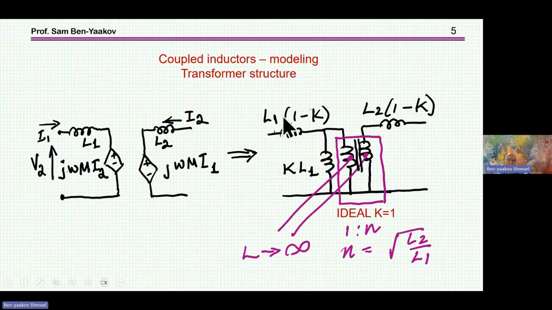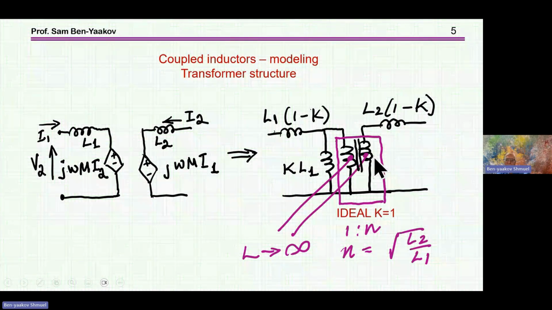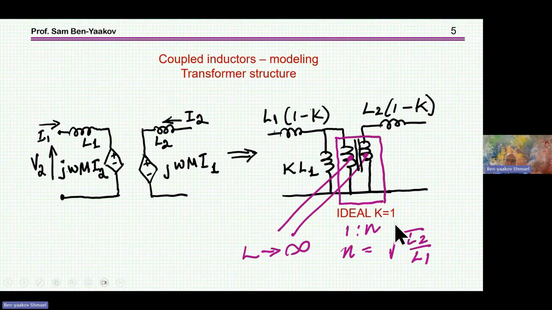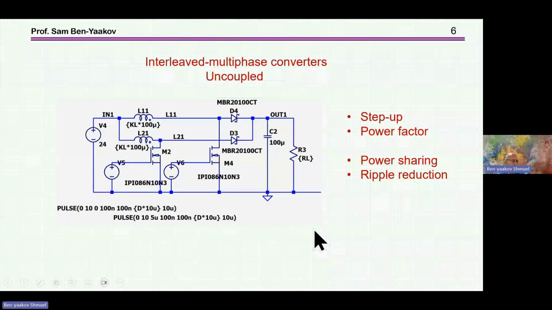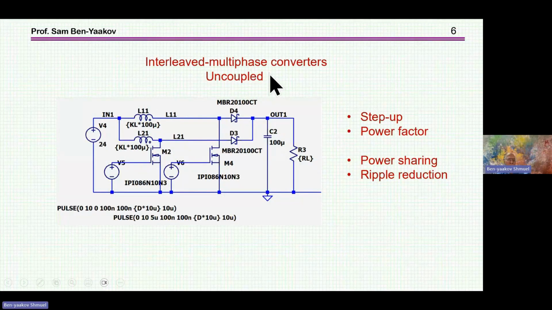In this case, we see here the leakage, we see the magnetization inductance, and for the transfer ratio, we have an ideal transformer, with good coupling, k equal to 1, for the voltage ratio. So this is the very basic, which I think most of you, if not all of you, are very familiar with.